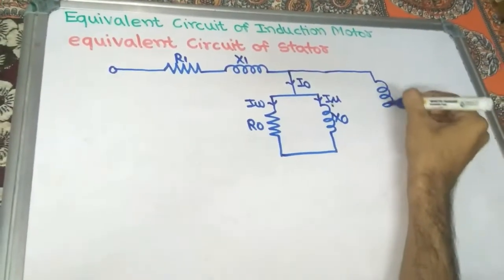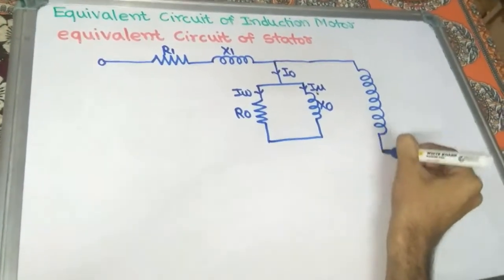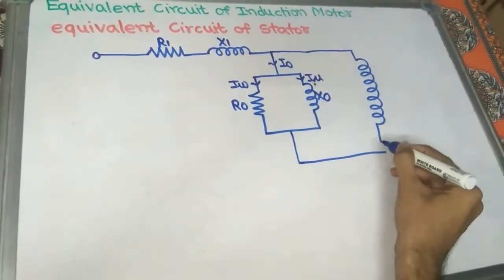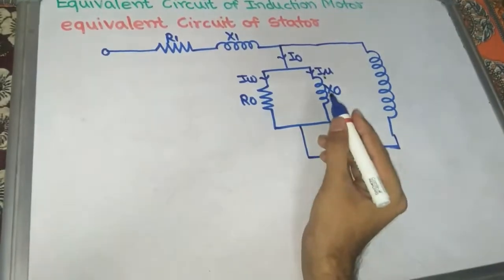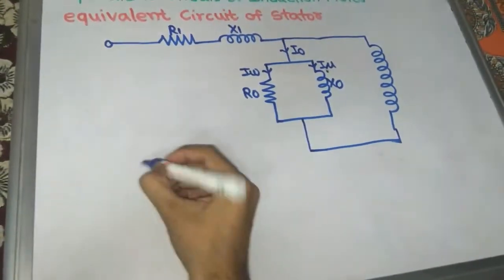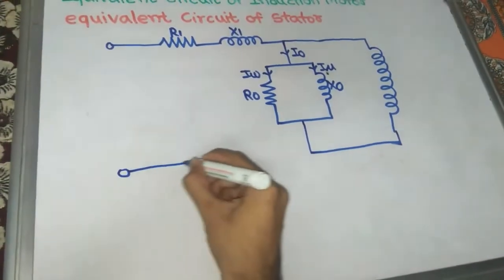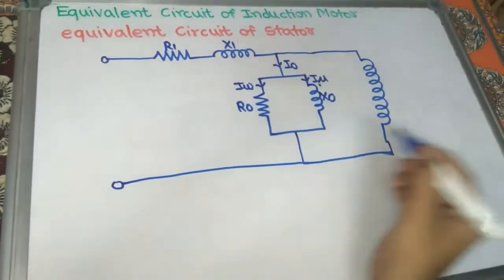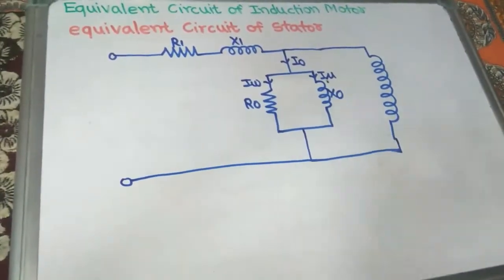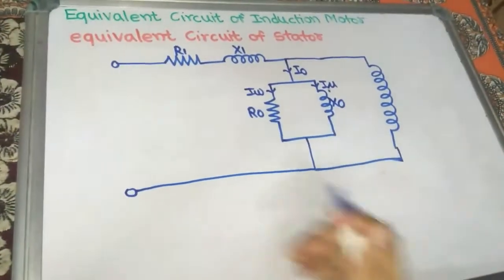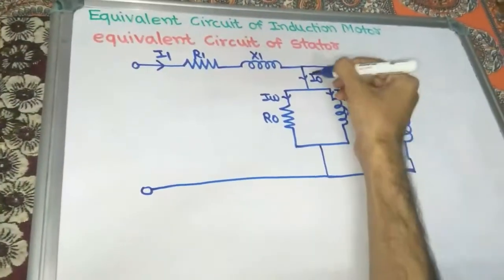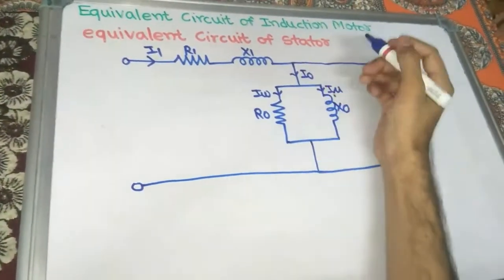This is the primary winding of the transformer and also of the induction motor, that is the stator. We can say that because the stator winding and the primary winding of a transformer are similar to each other; the only difference occurs in the secondary winding. Current flowing through this primary winding is I1. Here I0 current is flowing, that is the no load current.